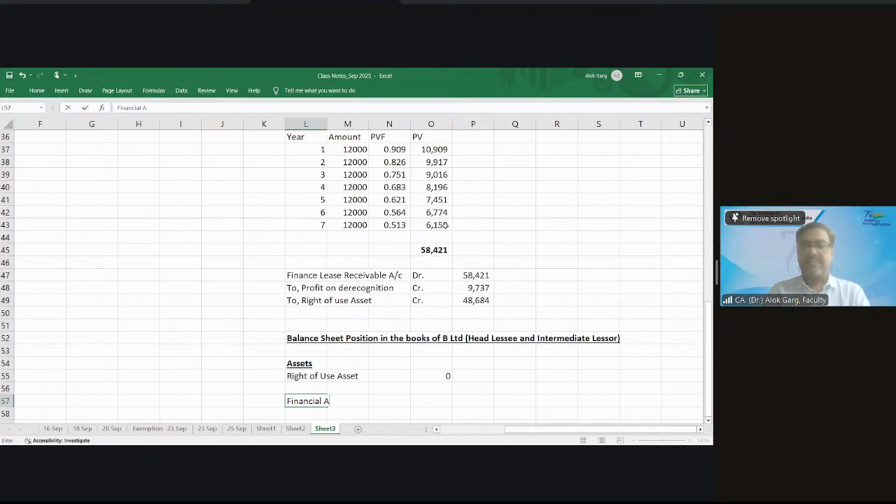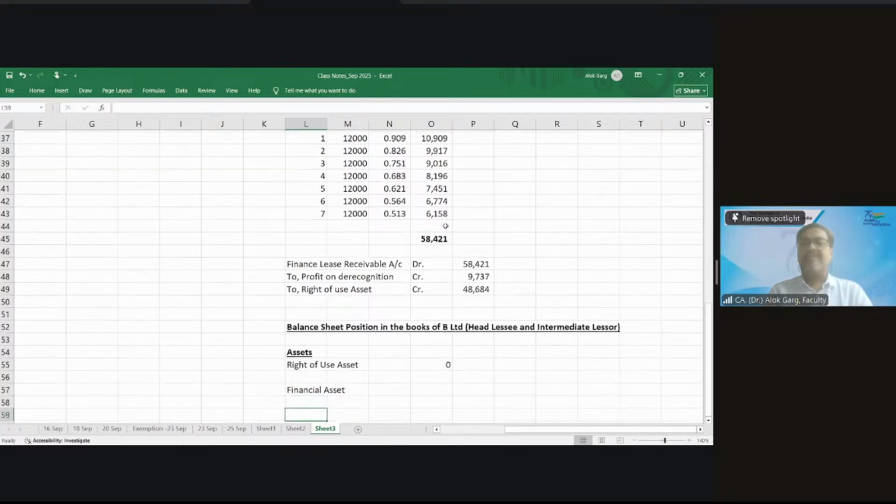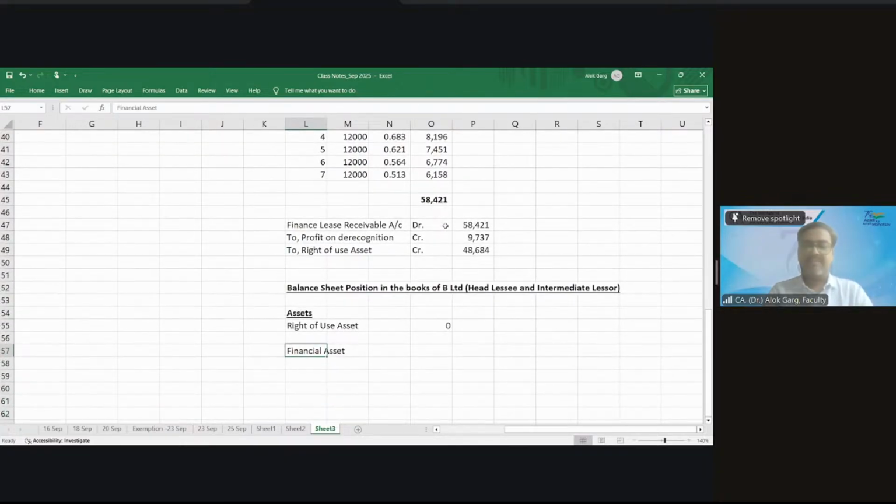In financial asset, there is a finance lease receivable. And what is the amount of finance lease receivable? 58421. Okay. Then what is the liability in the books of B Limited?